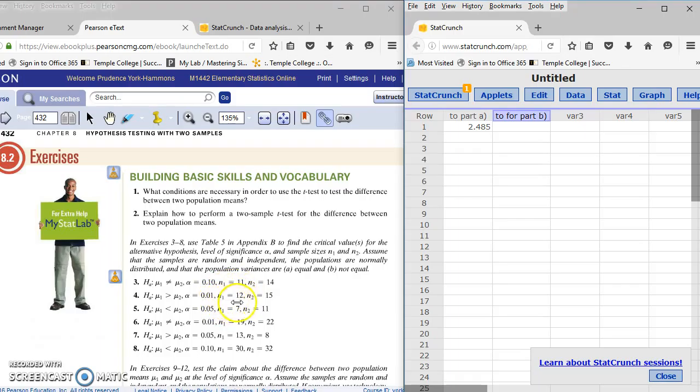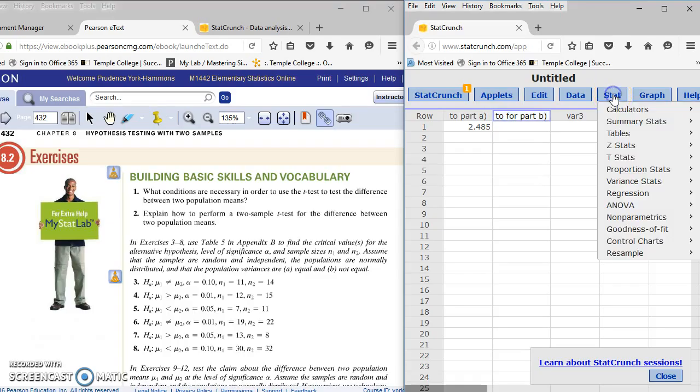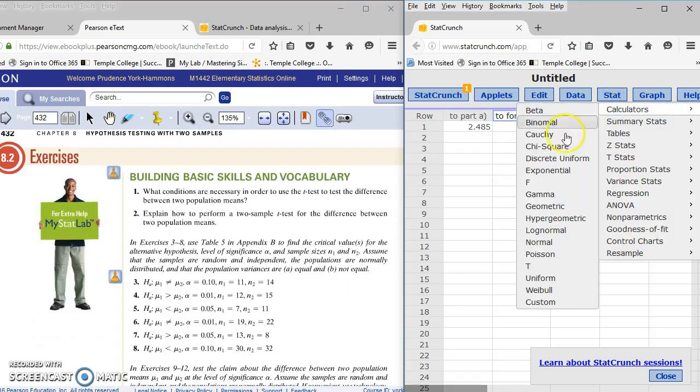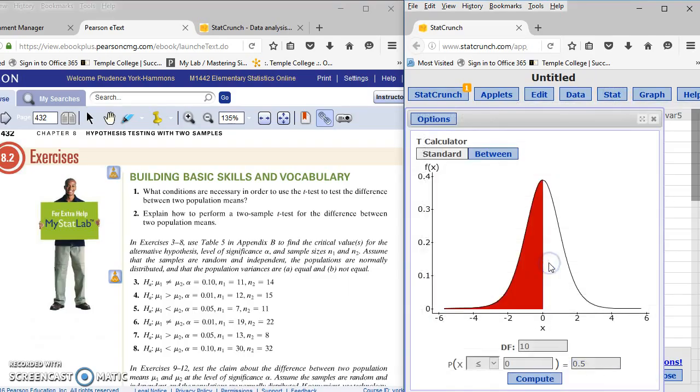You do n minus 1, in this case n1 minus 1, so our degrees of freedom would just be 11. So let's go back up and go to Stat, Calculator, T. We're still doing a right-tailed test. It's a greater than, so I do greater than.